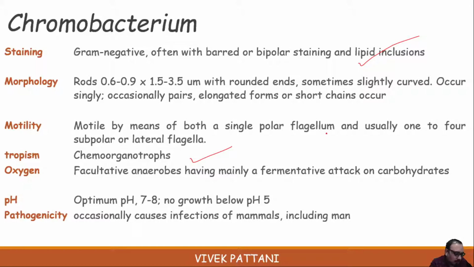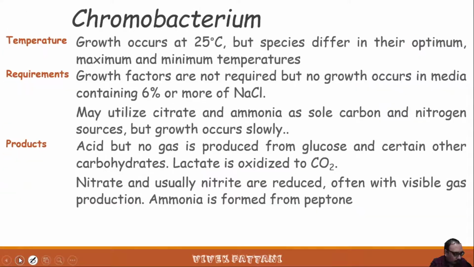Some of them are pathogens also, which cause infections in humans as well as mammals. Temperature requirement is around 25 degrees Celsius, but different species have their own different optima, maximum and minimum temperature requirements also.